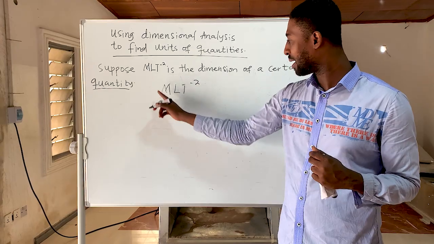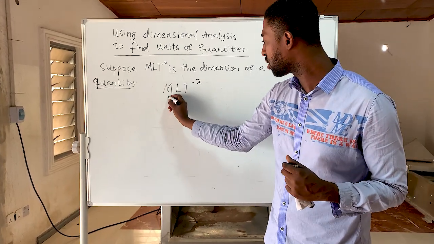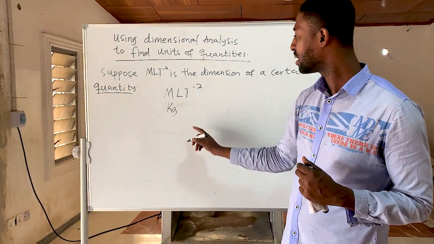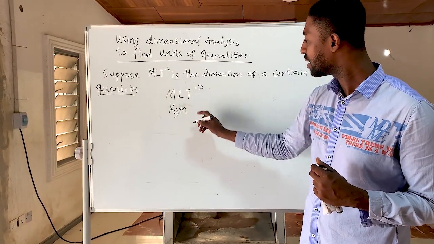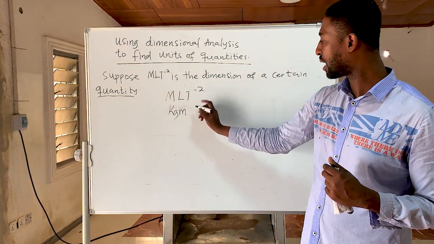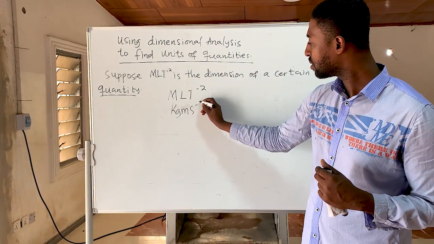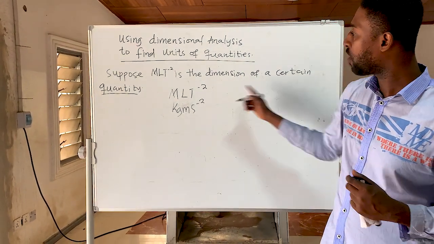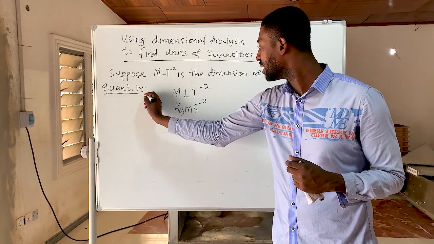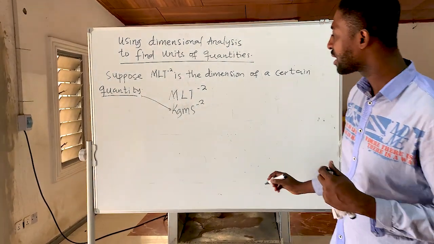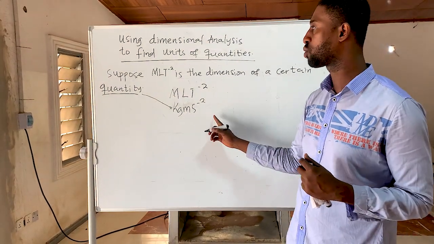M stands for mass, and the unit of mass is kilogram, kg. L is length, and the unit of length is meters. T is time, and the unit of time is seconds. So the unit of the quantity is kg m per second squared.